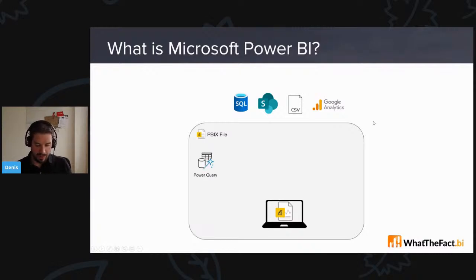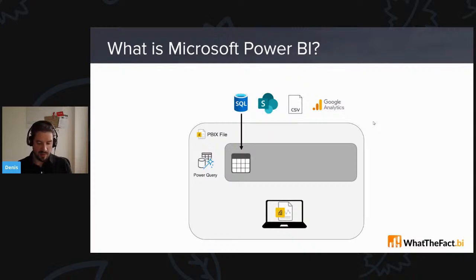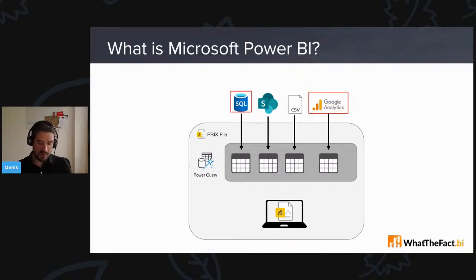We have our Power Query, what we've just seen within Power BI. And the magic that happens now is that everything is transformed into a table. So at the end, for my analysis, it doesn't matter at all if it's coming from Google Analytics or if it's a table within a database. At the end, for me, it's all a table in Power Query and in Power BI.